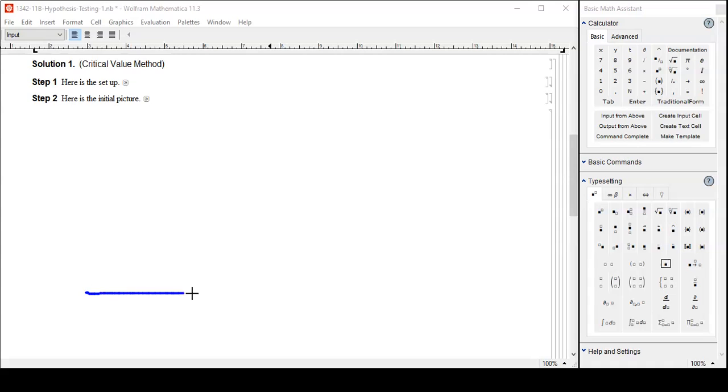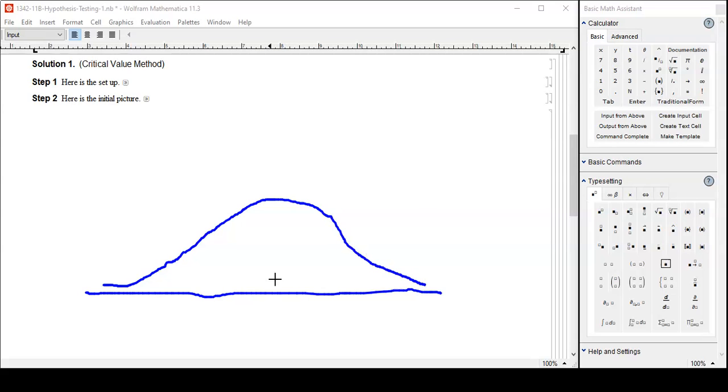Draw a normal picture, the outline. That's step 1. Step 2, center. And that is the null, so 2,800. And then we want greater than 2,800 as your alternative hypothesis, right?